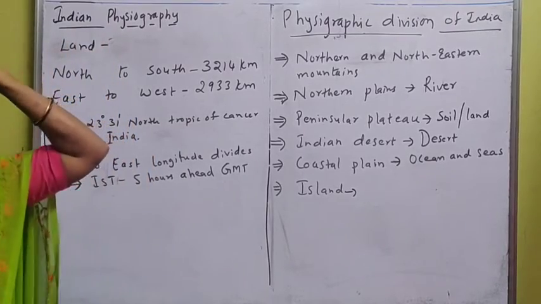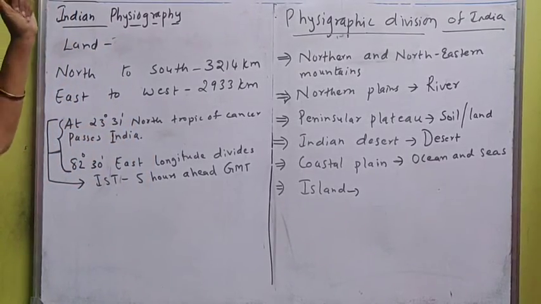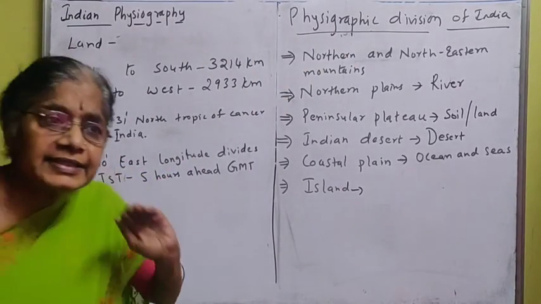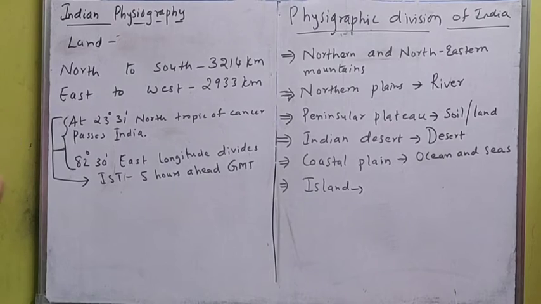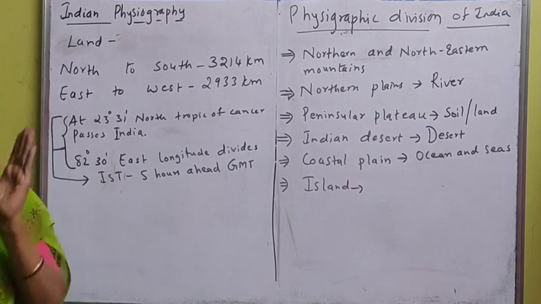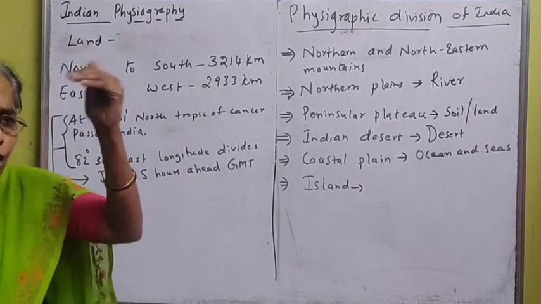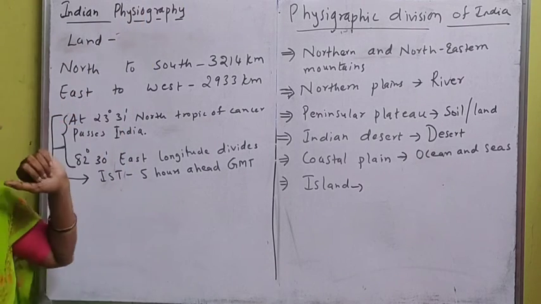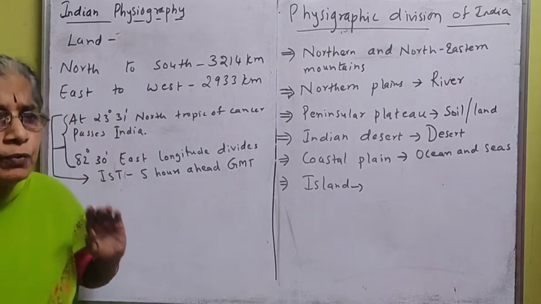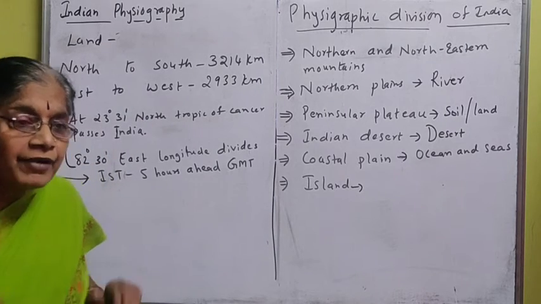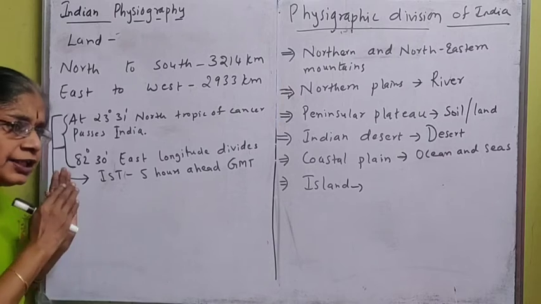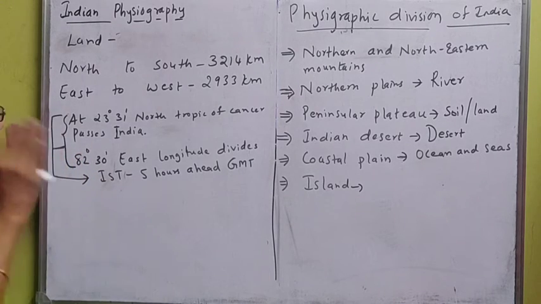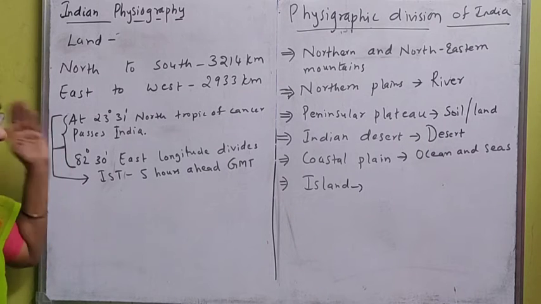We saw the land extension according to the latitudes and longitudes. Let us see now the extension of land of India in terms of kilometers, that is, from north to south, Jammu and Kashmir to Kanyakumari, and east to west, that is, from Gujarat in the west to Nagaland in the east.